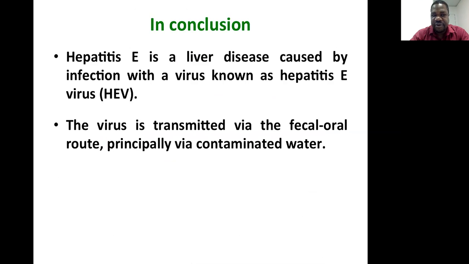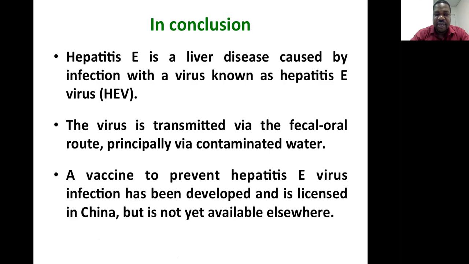So in conclusion, hepatitis E is a liver disease caused by infection with a virus known as hepatitis E virus. The virus is transmitted via the fecal-oral route, principally via contaminated water. And a vaccine to prevent hepatitis E virus infection has been developed and is licensed in China only, not yet available elsewhere.